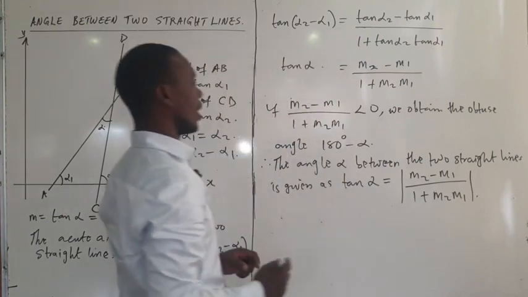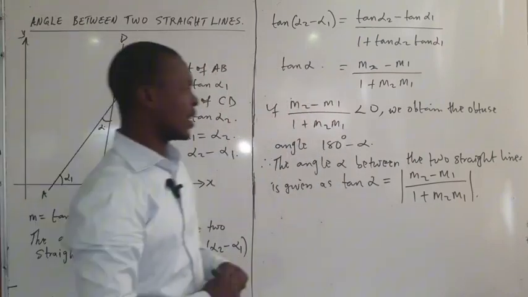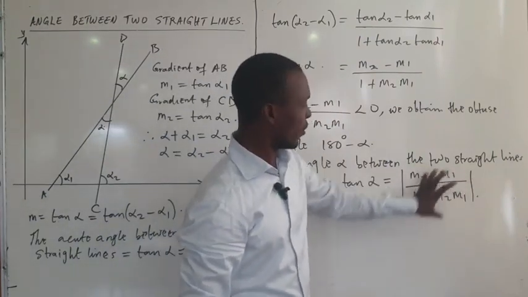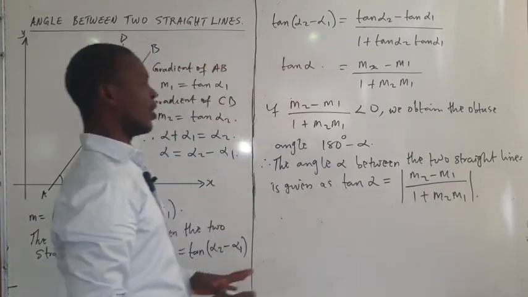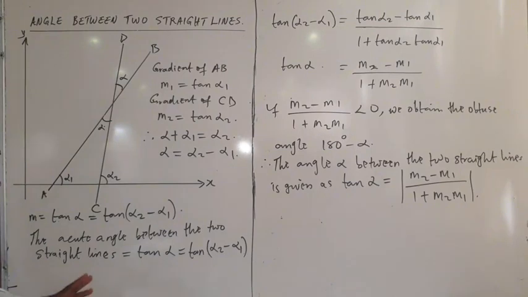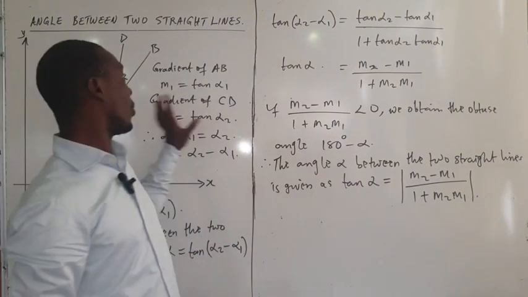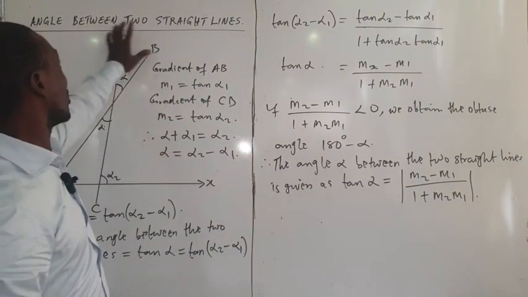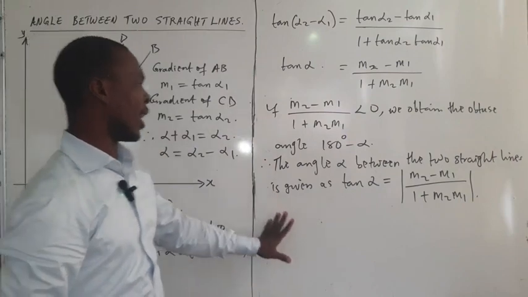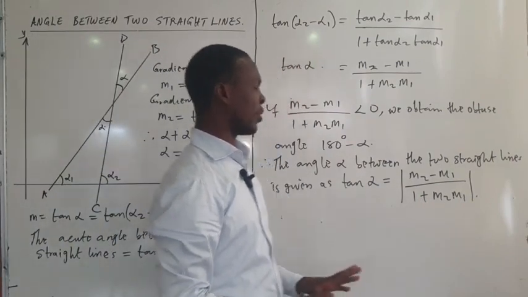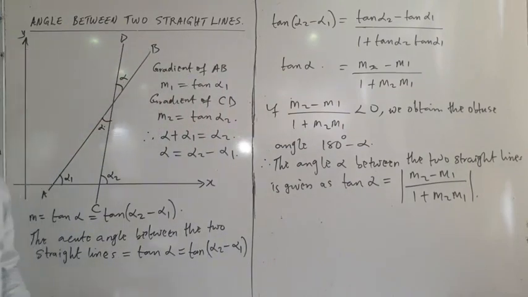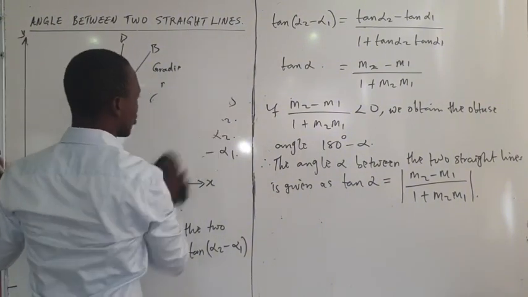In this case, when the value is negative, the absolute value will take care of the minus and change it to a positive value. So the formula for the angle between two straight lines is tan alpha equals the absolute value of m2 minus m1 all over 1 plus m2 m1. That is it on the angle between two straight lines.